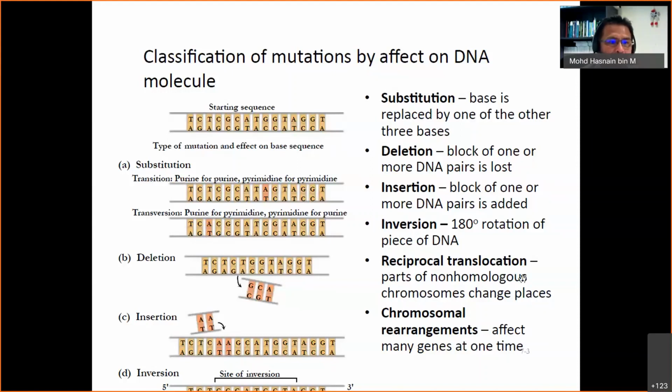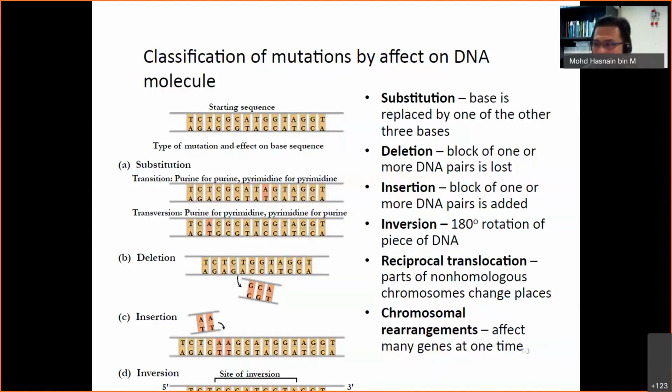And reciprocal translocation: translocation means it is moved from one place to another. So parts of non-homologous chromosomes change place, but how they change is because the sequence among those non-homologous chromosomes are quite similar, so they can somehow temporarily align.